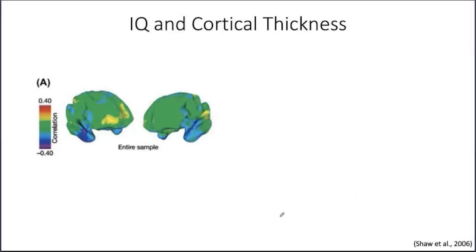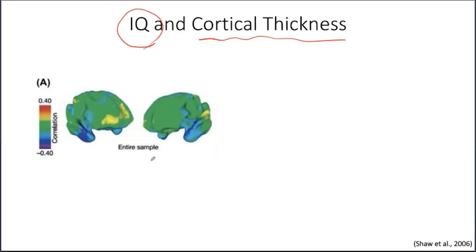And then we can get to questions regarding the relationship between different cognitive performance measures, let's say IQ, and cortical thickness. How can we measure the relationship? Is there any relationship between having a thicker cortex or thinner cortex and your IQ or level of cognitive performance?